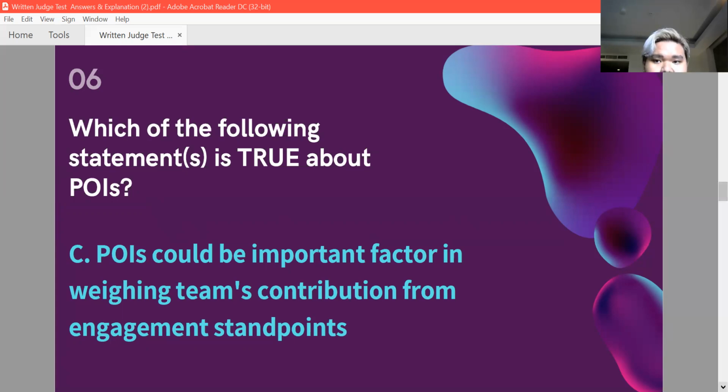Definitely, the answer is not D, because you should not use POI just for the sake of annoying your opponent.